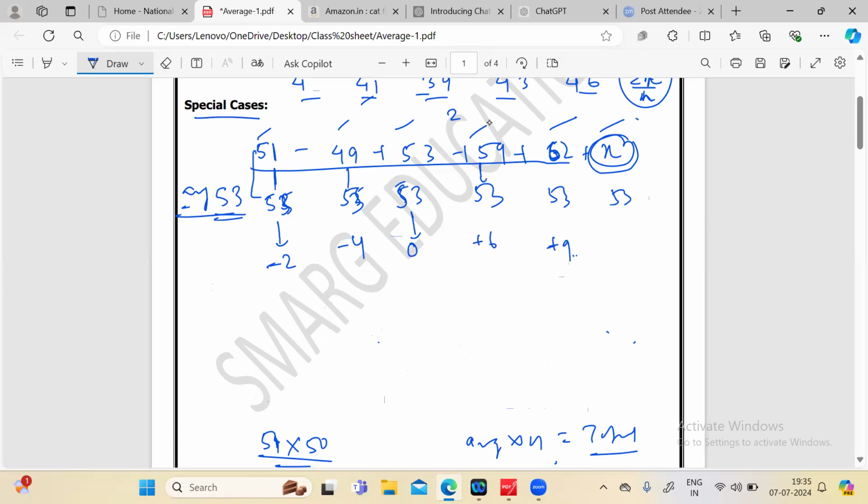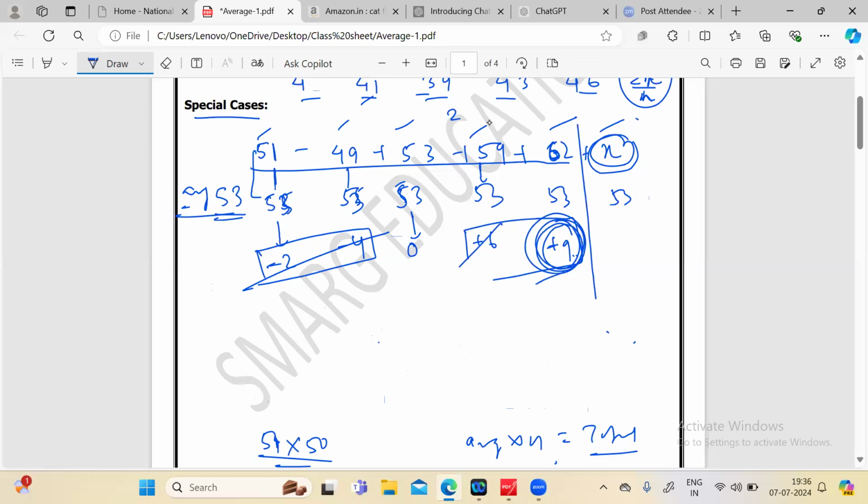So the total missing is -6 and the total extra is 15. So I'll give 6 to this -6 and I'll still be left with plus 9. That means that across these 5 numbers, 9 is extra with respect to the average. So this 9 must be provided to whatever number is left.